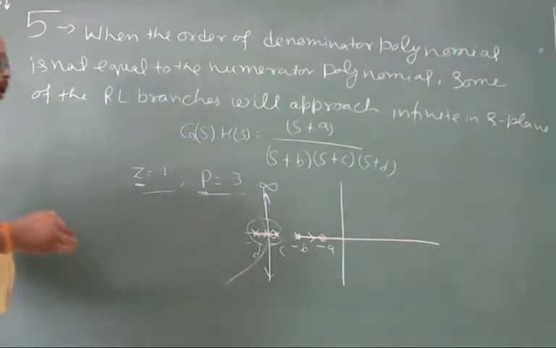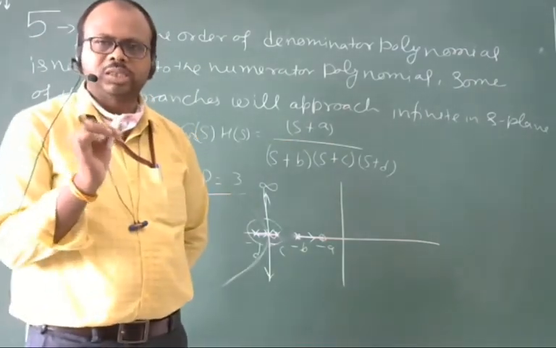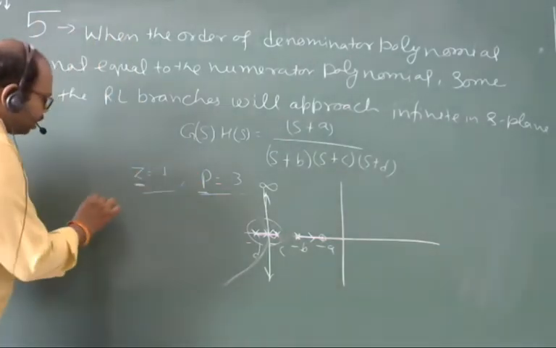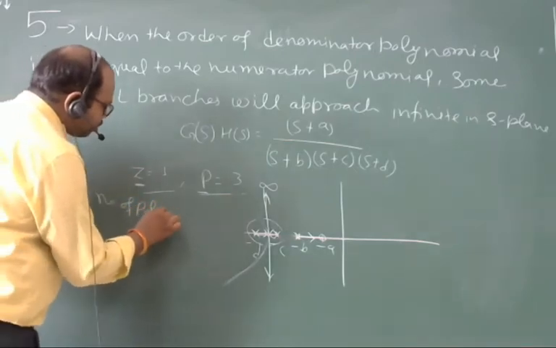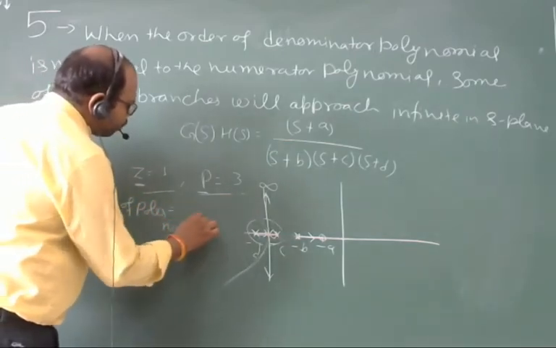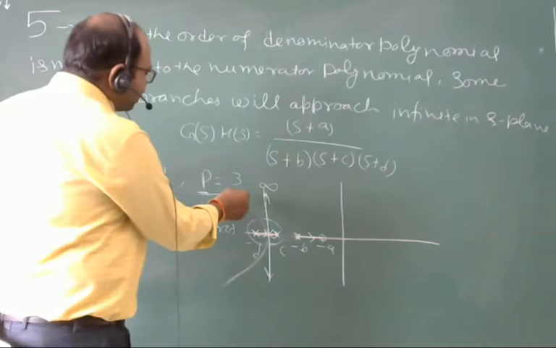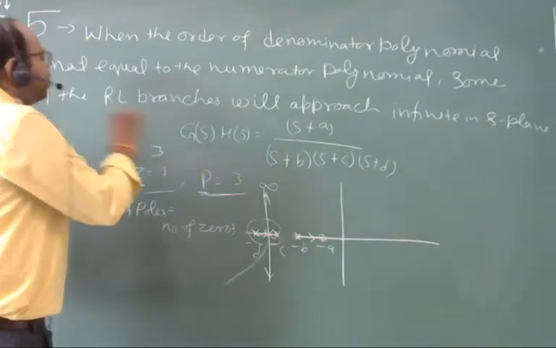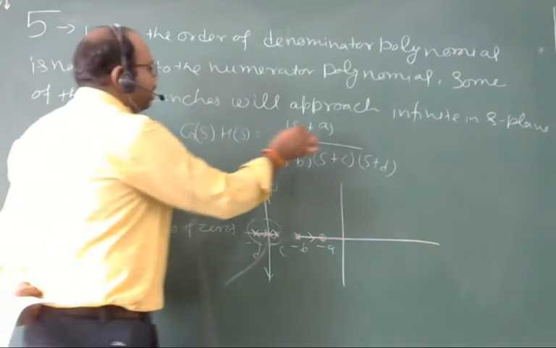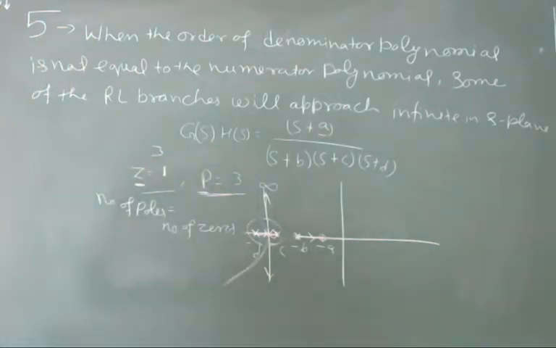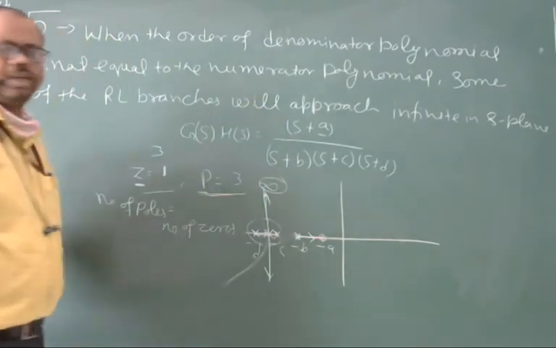It means we consider, when we draw a root locus, we will consider that the number of poles is equal to number of zeros. So if there are 3 poles, then there must be 3 zeros. If 1 zero is clear, that is at minus a, then the other 2 zeros will be at infinity.